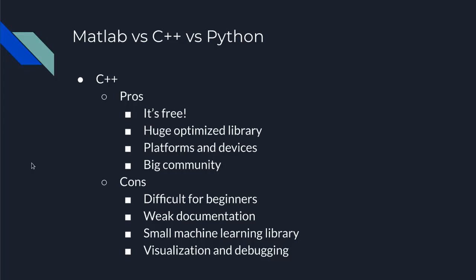Although these cons might seem very big and that you will never use C++, the pros outweigh the cons once you go to a higher level. Once you are familiar with OpenCV and you want to deploy it in a commercial project, latency and optimization become very important rather than visualization and debugging and documentation.